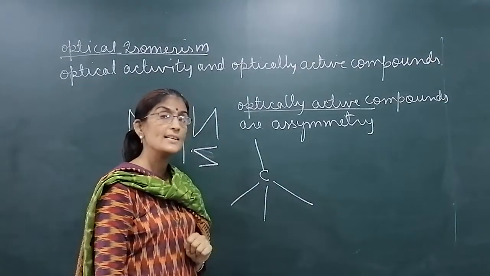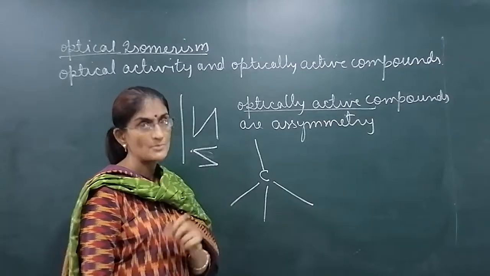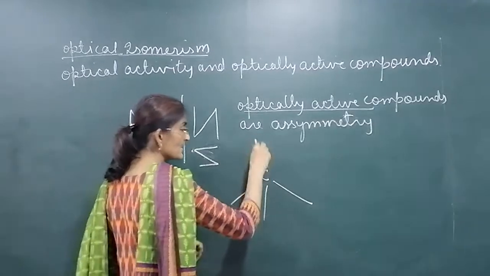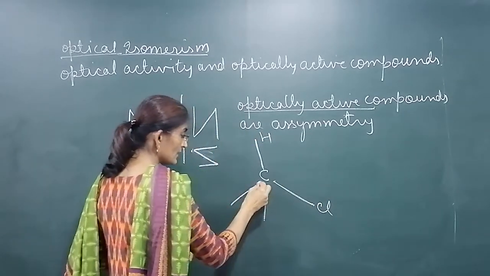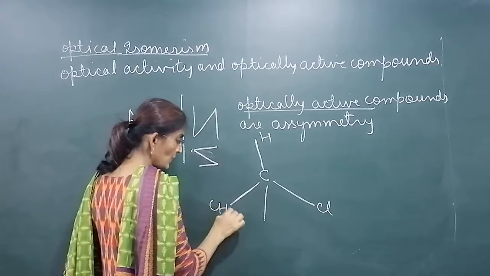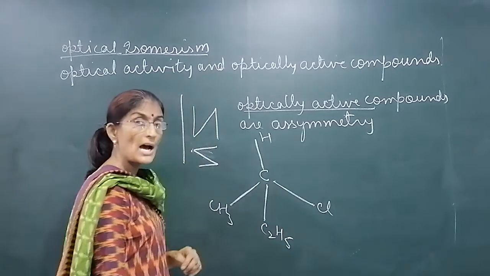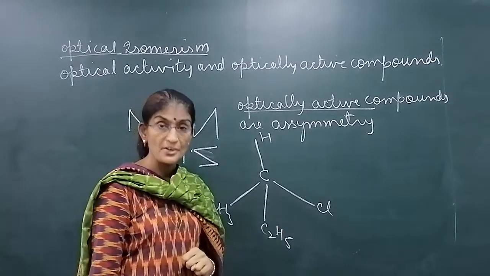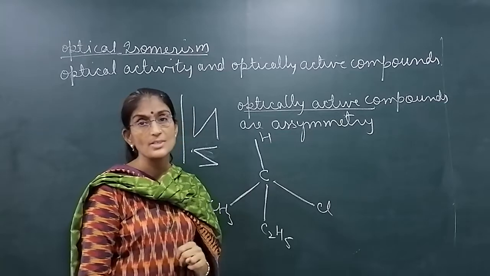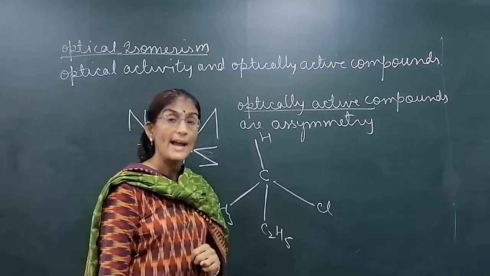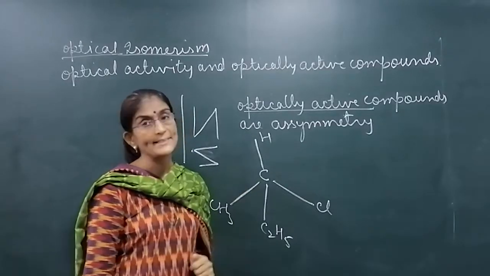Suppose the 4 valencies of a carbon are satisfied by different groups of atoms: this valency is satisfied by hydrogen, this by halogen, this by a methyl group, and this by an ethyl group. If all the 4 groups attached to the carbon are different, then we can say that it is an optically active compound. This compound has a lack of symmetry, meaning it is an asymmetric compound and it shows optical activity.